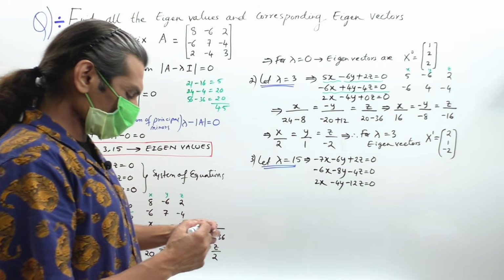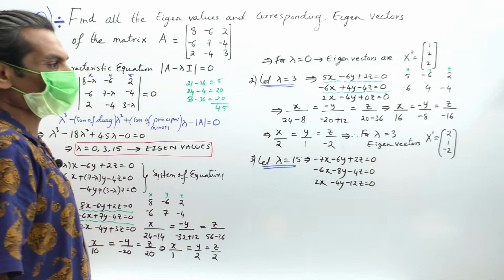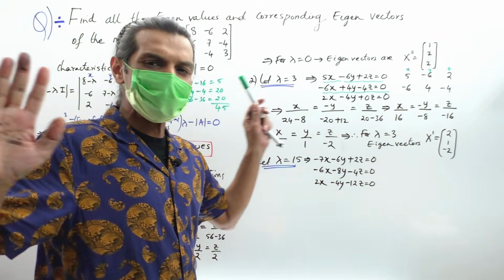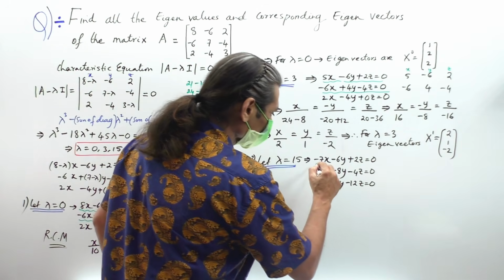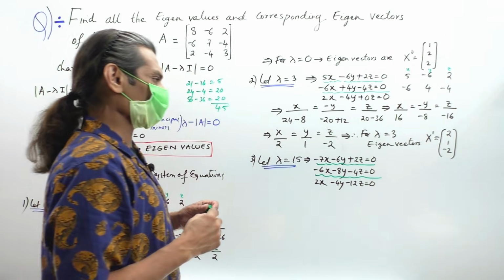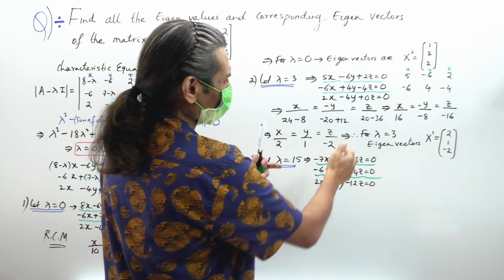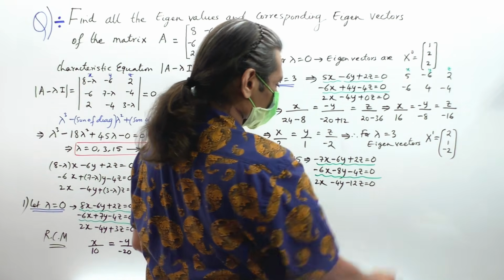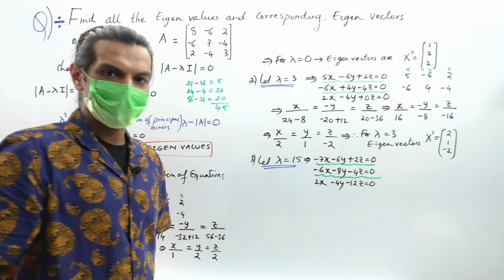Now again, same thing as I told, we need to consider only the first 2 rows. That's enough for RCM, that is, by applying the rule of cross multiplication. So again, I am writing it here since I am lacking space. You can write it down clearly in the examination.